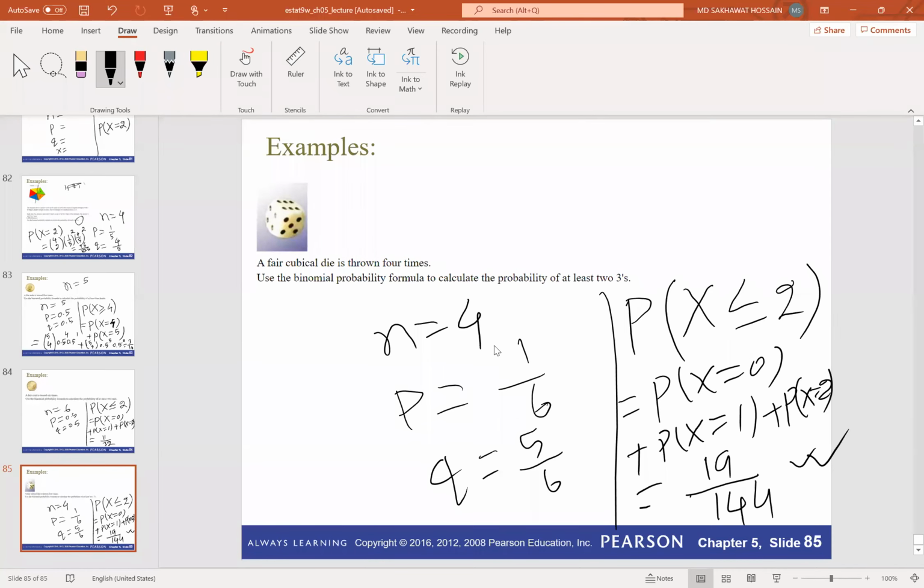So do you have any questions? Is it clear how to determine the binomial distribution and how to calculate the probability from the binomial distribution? Actually, I am showing you many problems in the class so that you can understand each concept clearly.